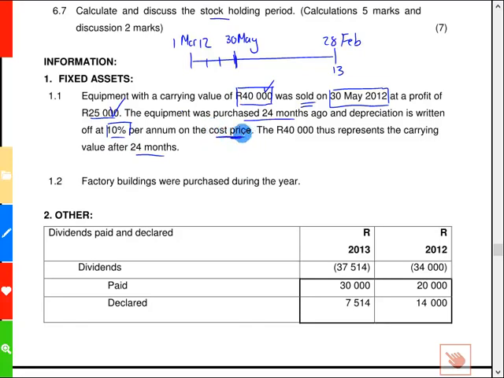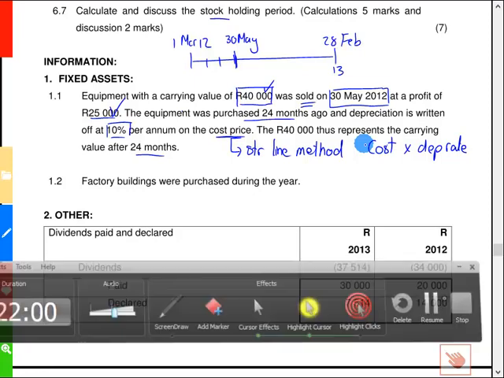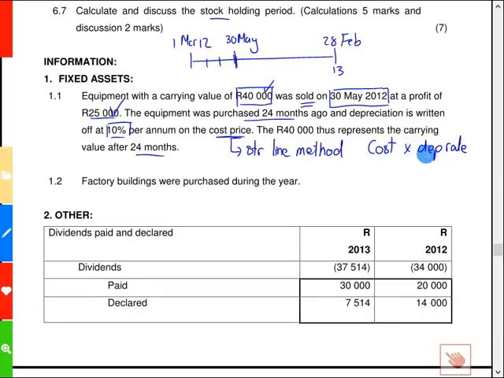So if it says the cost price, we know that's the straight line method of depreciation, which means depreciation is calculated as cost multiplied by, in this case, a standard depreciation rate. So we don't use the carrying amount. Right, so that's how we're going to calculate our depreciation.